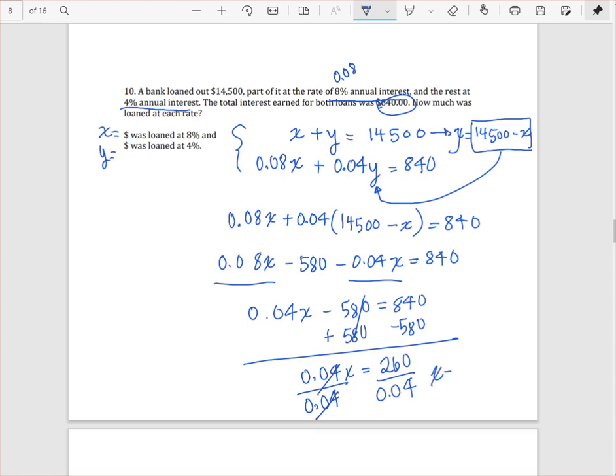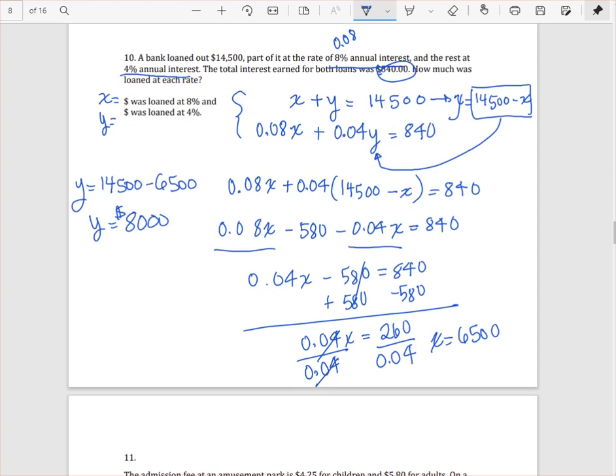And I get that x is 6,500. So they have 6,500 at 8%, and then at 4%, we just subtract from the total. And 8,000 at 4%. So that's how you would answer that one. So on the setups, that's how you would go.